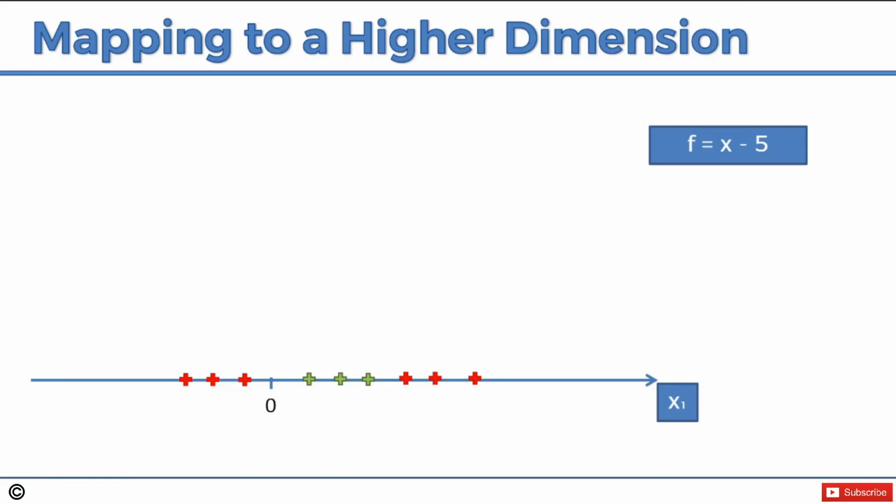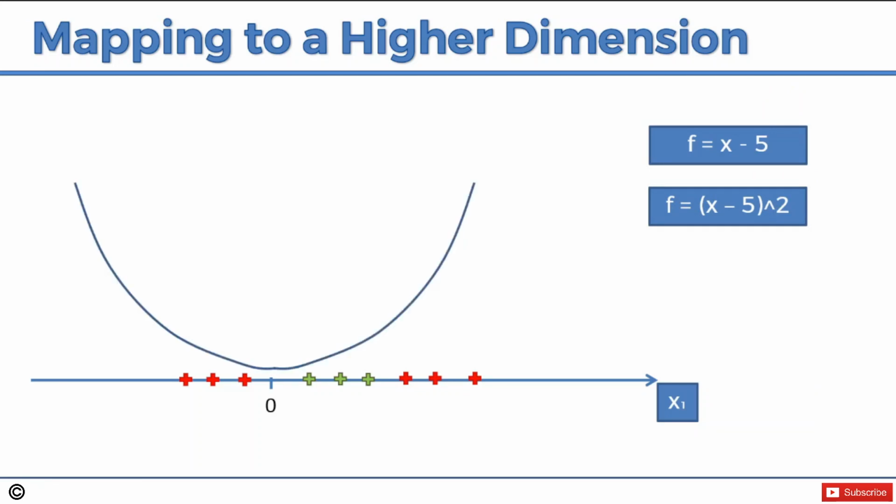And then the next step would be to square all of that. So f is now equal to (x minus 5) squared. How will that all look? Well, basically you'll have this squared function going through your chart, and then all of these will be projected onto the function. There we go. So that's what it looks like, f equals (x minus 5) squared.